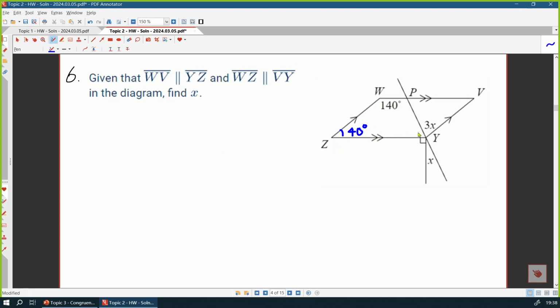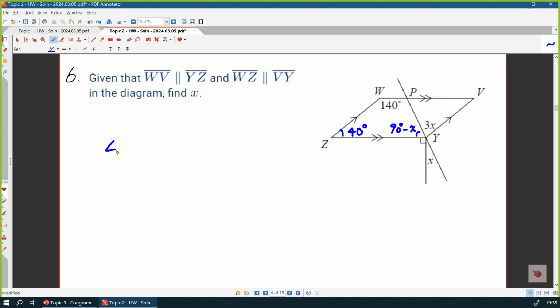On the other hand, we know this angle here equals 90 degrees minus X, right? Because we know this angle is here 90, and 180 minus 90 gives us 90.